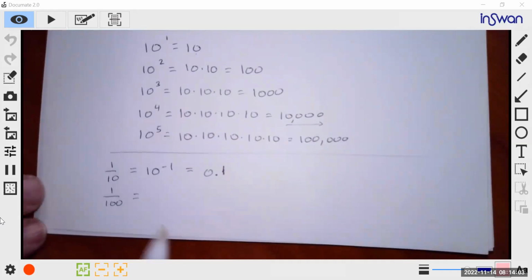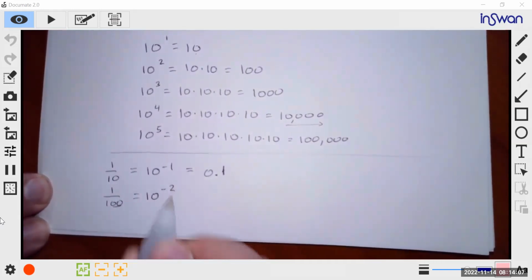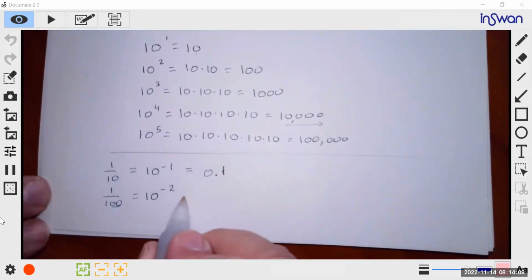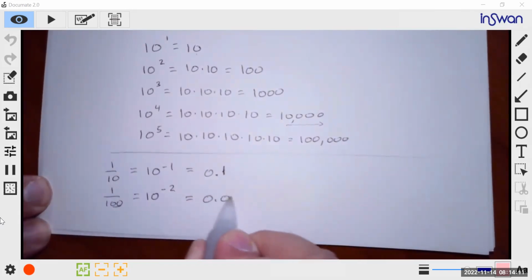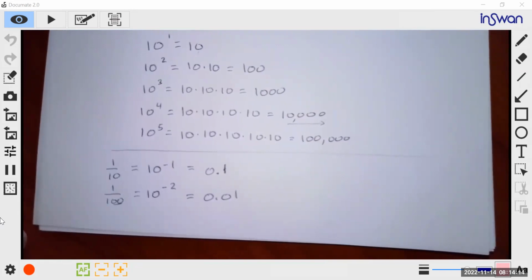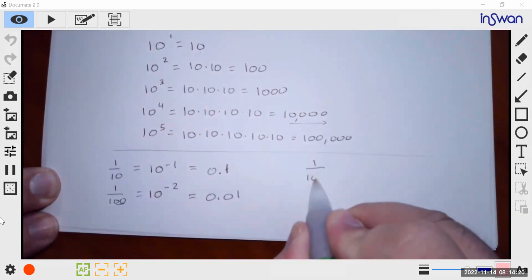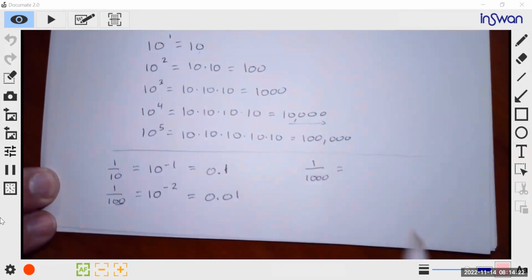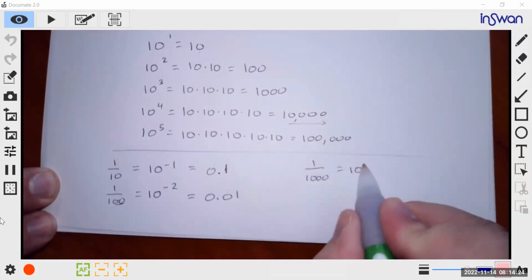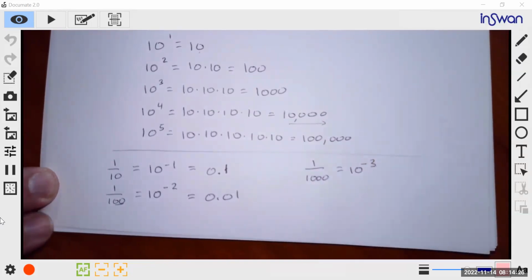What is 1 over 100? Since there's 2 zeros, it's 10 to the -2. The answer is 0.01. 1 over 1,000 is 10 to the -3.